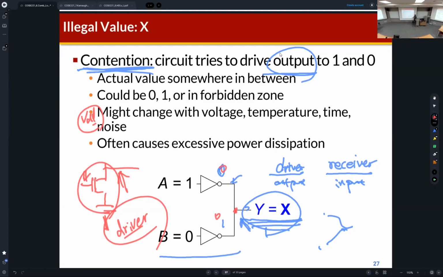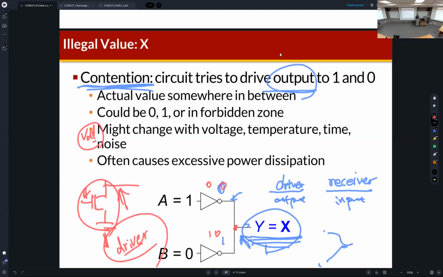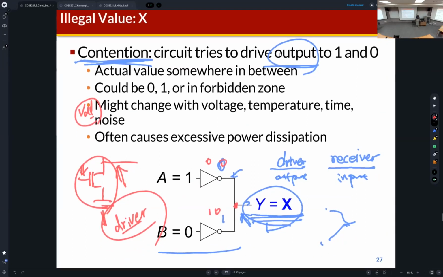So output becomes 0. Also 1, 1 is okay because the output will become 1. But if the outputs are 0 and 1, or 1 and 0, then you cannot decide the value of this node.